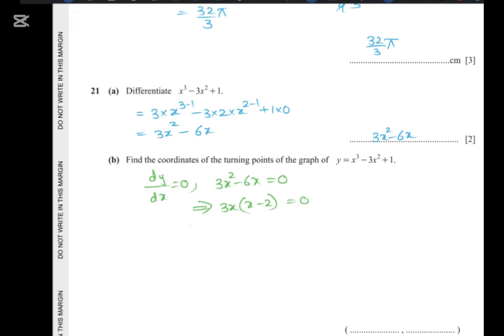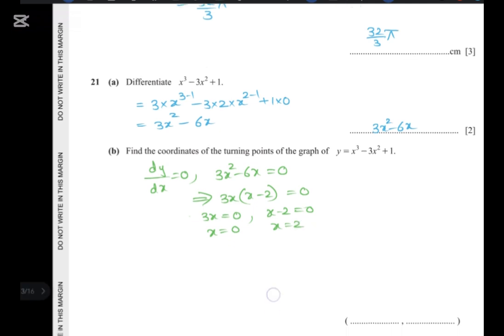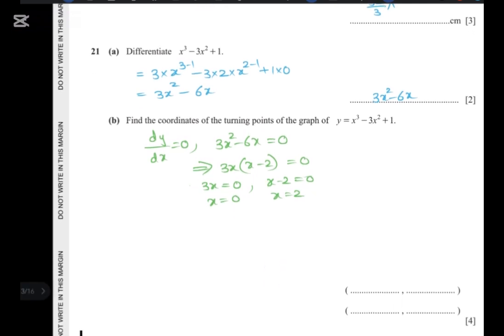Now you can take each factor as 0. 3x is equal to 0, then x is equal to 0. We got one value. Then if I take x minus 2 as 0, I get x is equal to 2. So we got the two values of x here. One turning point, the x value is 0, the other turning point, the x value is 2.